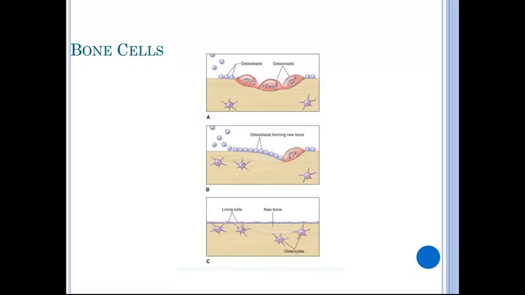So we have many different bone cells. We have osteoclasts here in A, which are multinucleated cells, and they remove bone. So clasts remove bone. In B here, we have blasts, which form bone.